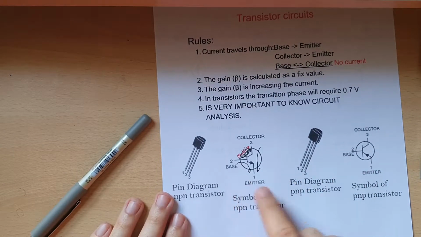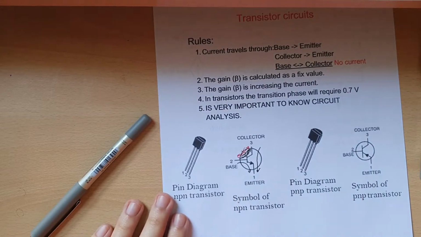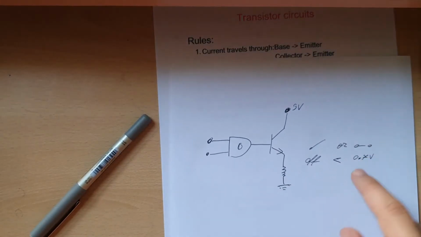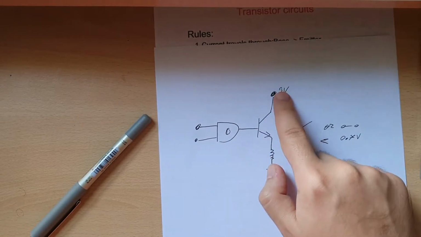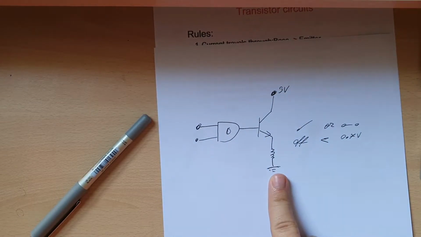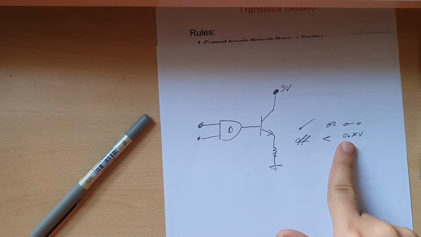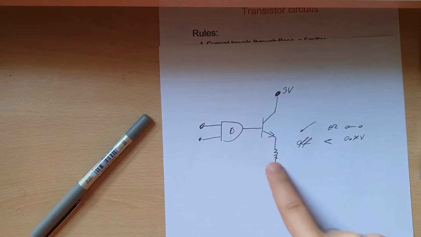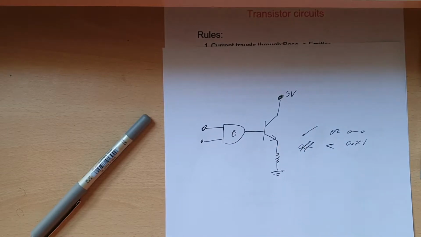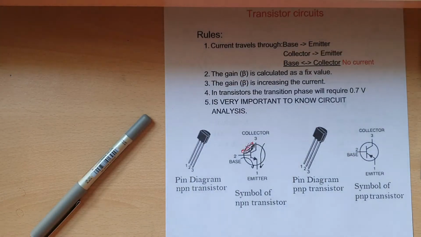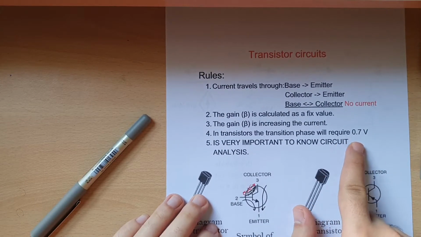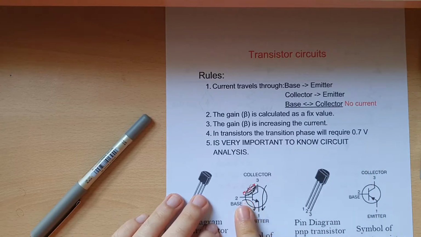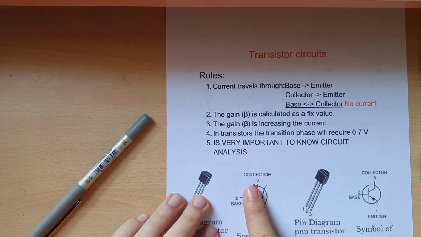Well, as I said from the page, to use it in switch mode, you need 0.7 volts for it to close and for the collector to flow to the emitter, to the ground. And if it's lower than 0.7, it'll be open, so there will be no current flowing or any voltage or anything. And that's exactly what I mean by the required 0.7 volts. If the supply is less than 0.7 volts, then the transistor simply won't work, it won't activate itself.